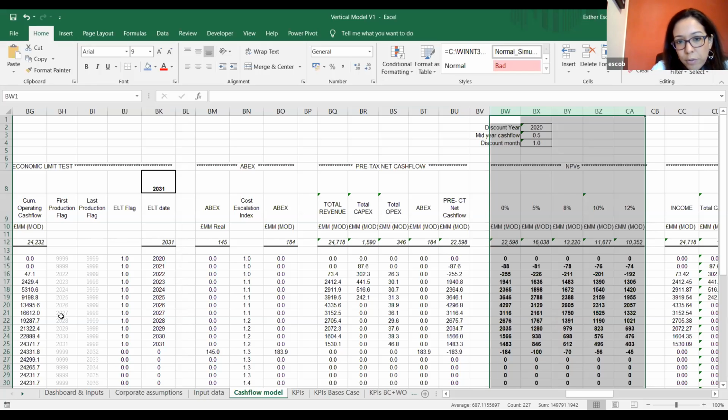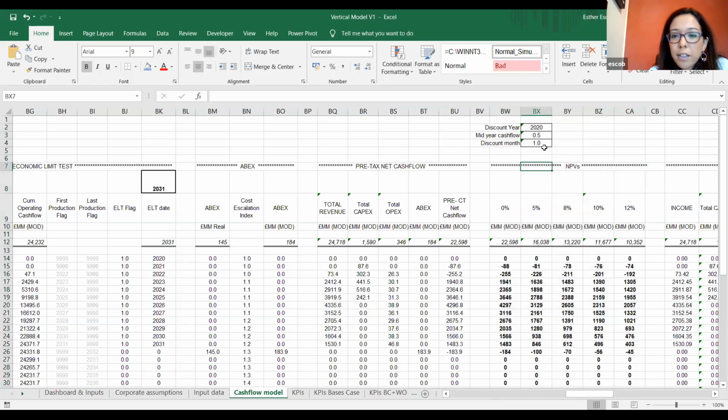In the yearly cash flow, there are some issues that we have to consider, which is the way we are discounting our cash flow. As we can see here, we use something called the mid-year cash flow. We can have beginning, mid, and end year cash flow.